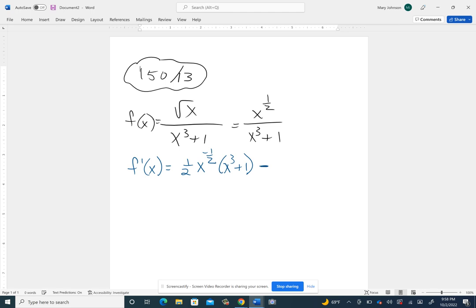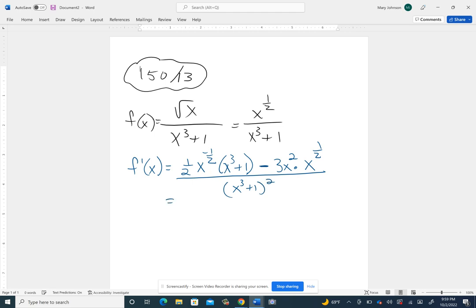Then minus the derivative of the bottom function, which would be 3x squared, times the top function as is. And I'm going to use the form of it as an exponent. Here, I'll put the radical back in at the end. Then I need to take the denominator and square that.